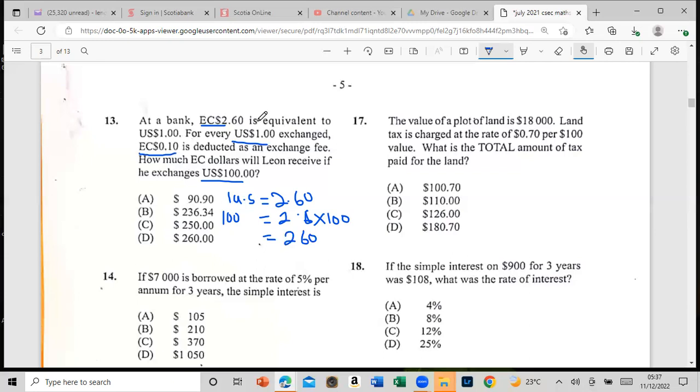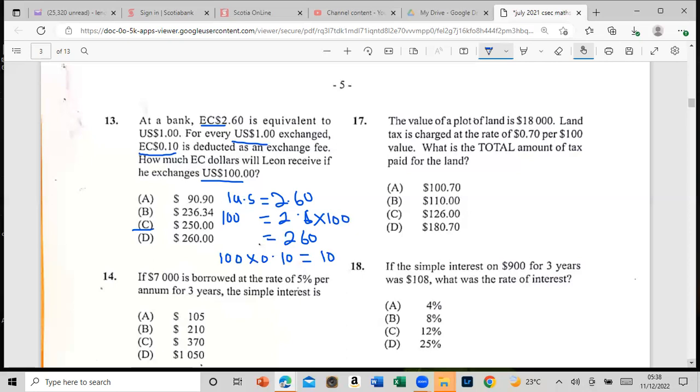It was 100 US, so we take 100 times 10 cents, and that should give us $10. So it will be 250. That will be our answer.